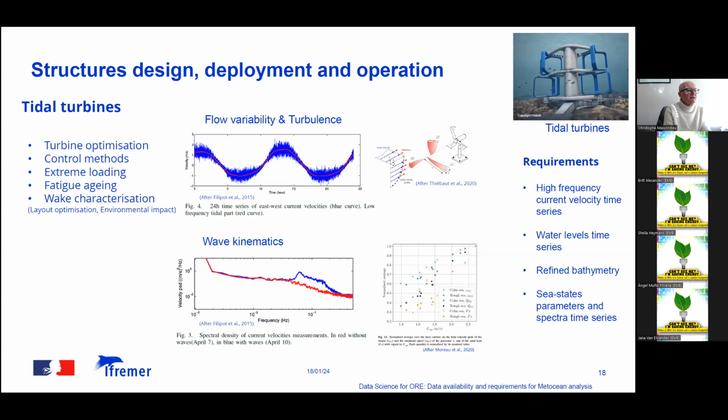And this really has a clear impact that was identified on the aging and the efficiency of the machines. So again, for tidal turbines, we need high frequency current velocity time series, that is high frequency sampling, and water levels time series, maybe not with the same sampling frequency. We also need refined bathymetry, and we also need information on the sea states, both parameters and spectra.